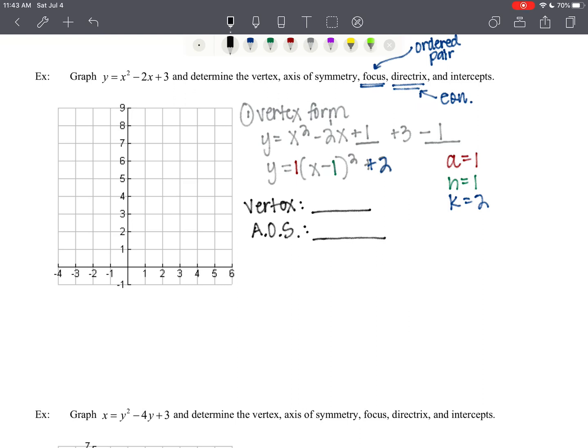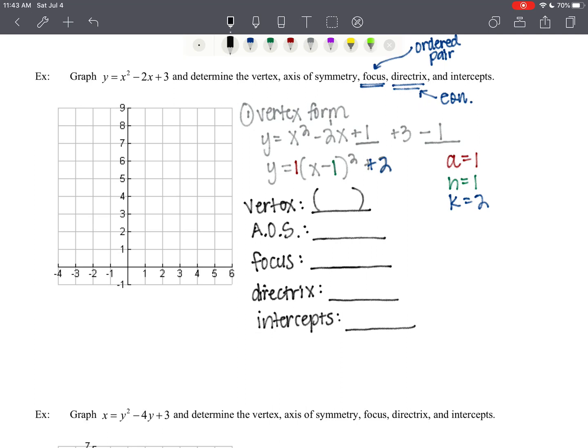We're going to calculate where the focus is. We're going to find that equation for the directrix and any intercepts that we have. We'll list those as well. So the vertex is going to be h, k. So it's going to be 1, 2.